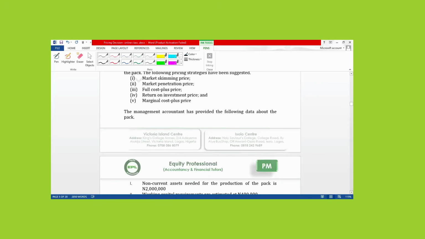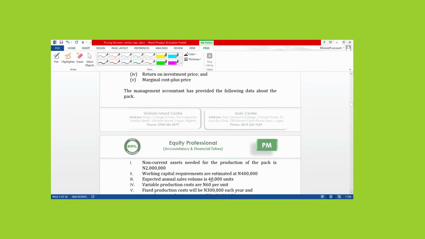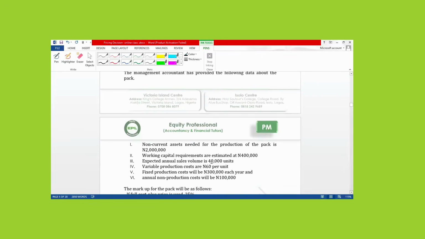The management accountant has provided the following data about the pack. Non-current asset needed for the production of the pack, 2 million. Working capital requirements are estimated at 400,000.